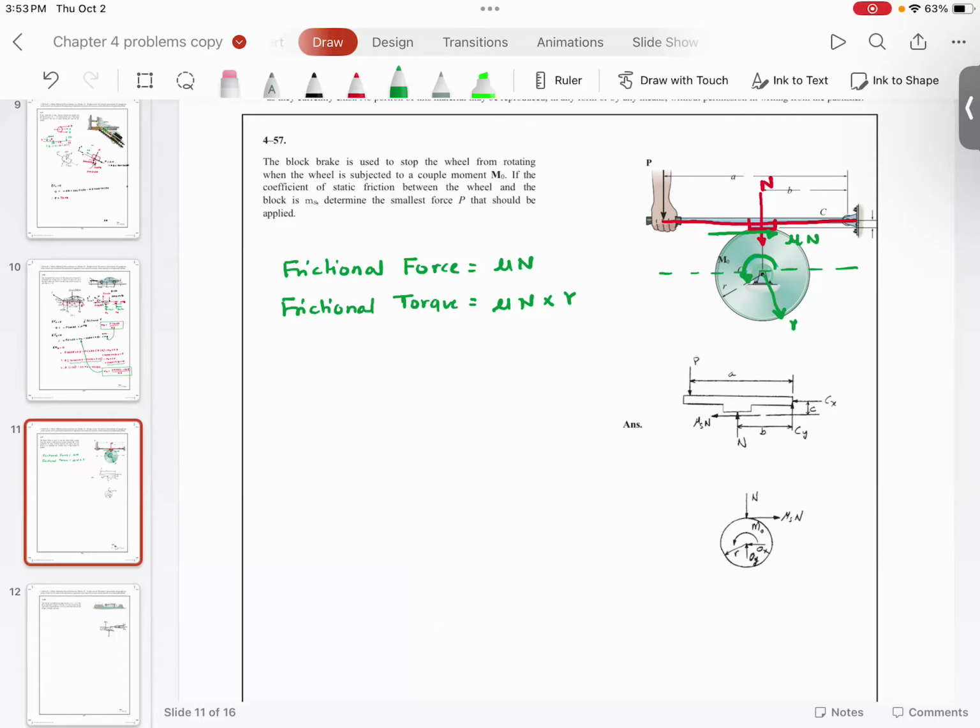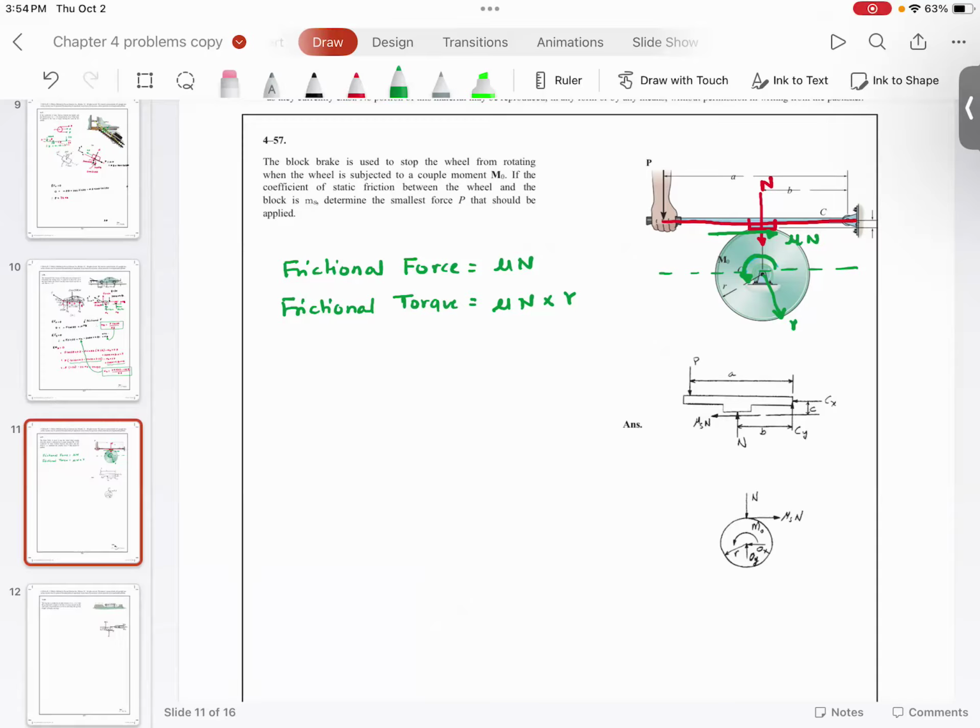And at some point, the torque given by the frictional force cancels out the torque given by the motor, and the drum stops. So that is the principle of drum brakes.